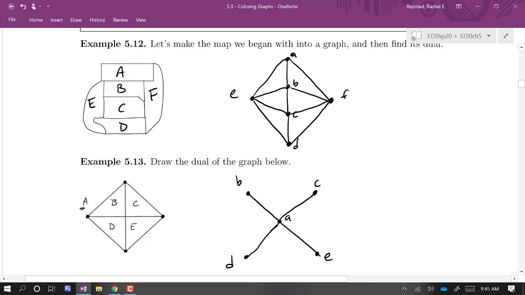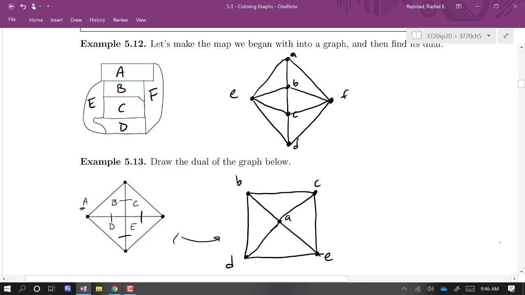And then B should be connected to C and D, and E should be connected to C and D as well. So it looks like this. In this case, these graphs look kind of similar to each other.